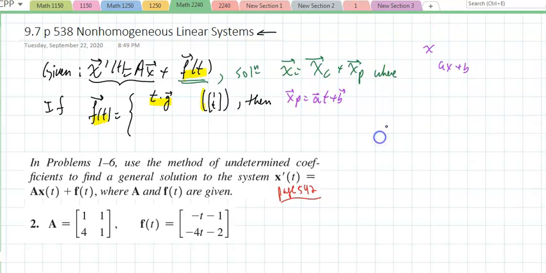From back in the days. What's the goal? Find A and B and you're done.